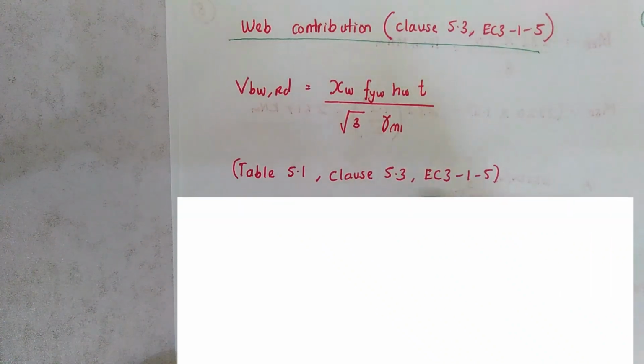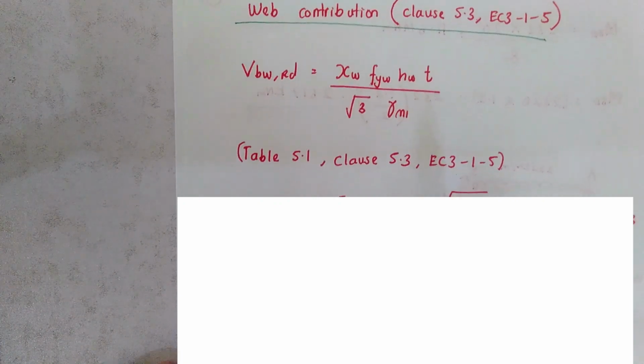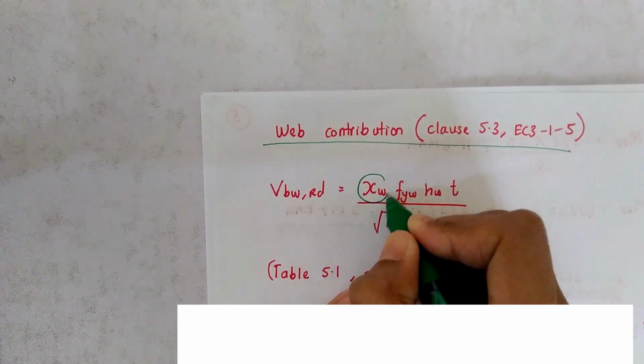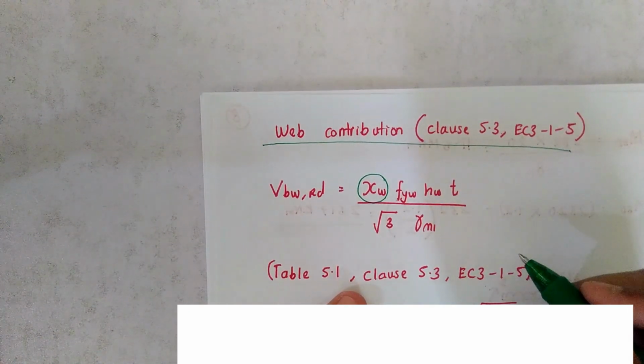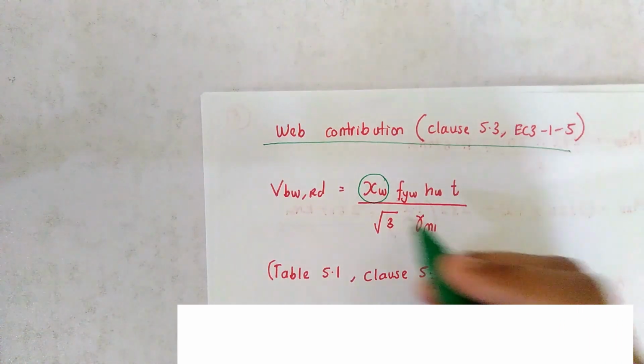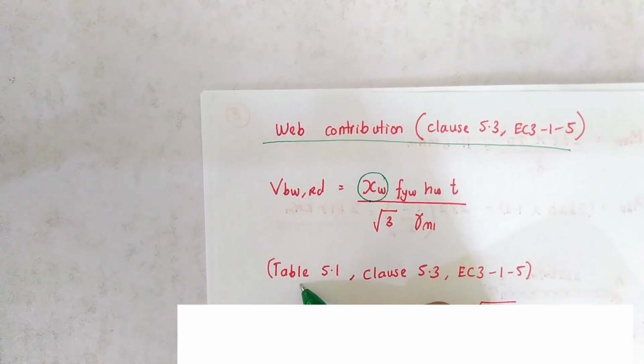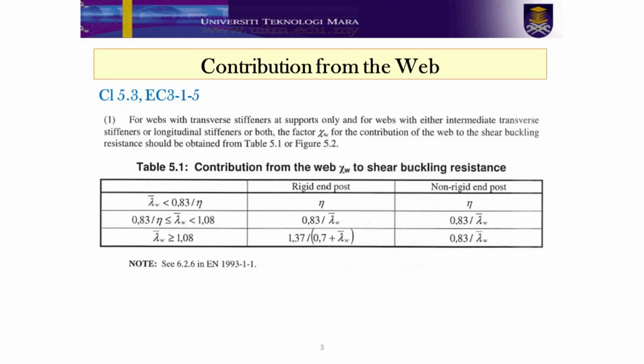For EC3 part 1.5, the first thing that you need to find is the value of the web contribution factor. So to get the web contribution factor, you must refer to table 5.1, clause 5.3, EC3 part 1.5. The contribution of the web to the shear buckling resistance should be obtained from this table.